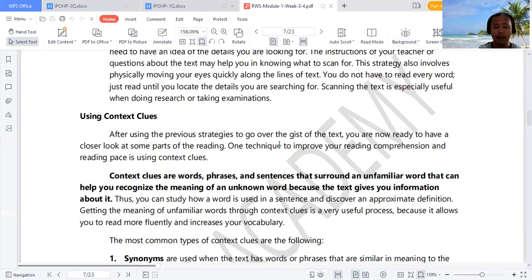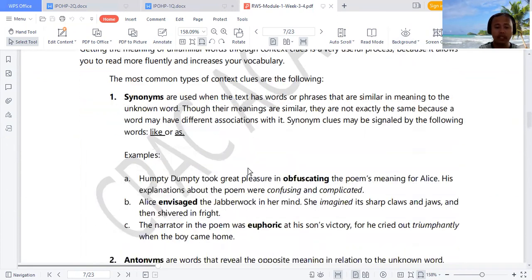So the most common types of context clues are the following. Number one here is synonyms. It is used when the text has words or phrases that are similar in meaning to the unknown word. Though their meanings are similar, they are not exactly the same because a word may have different associations with it.